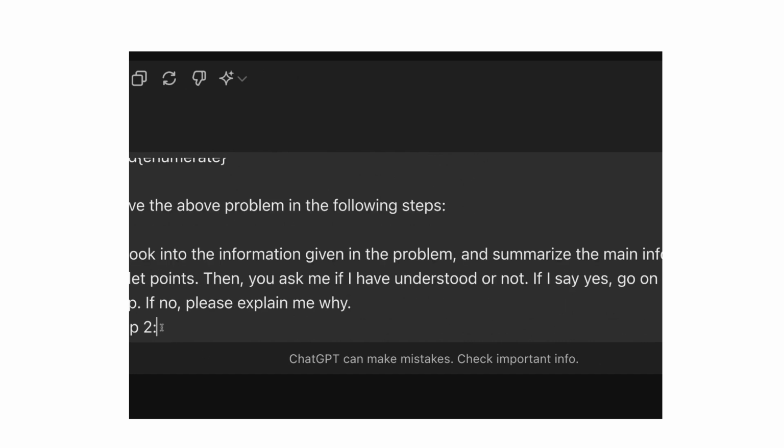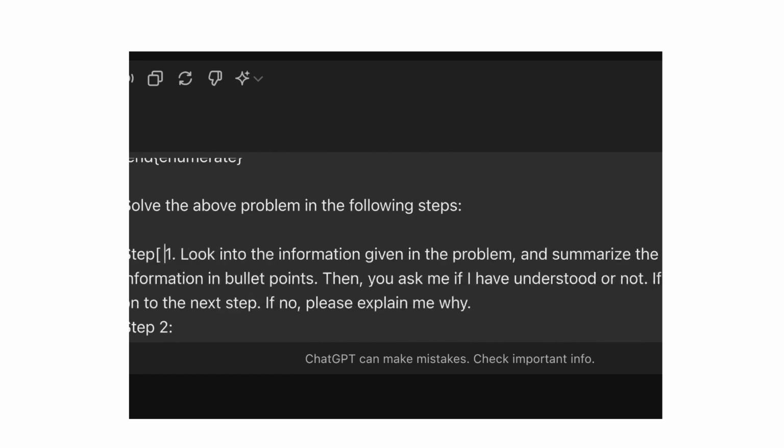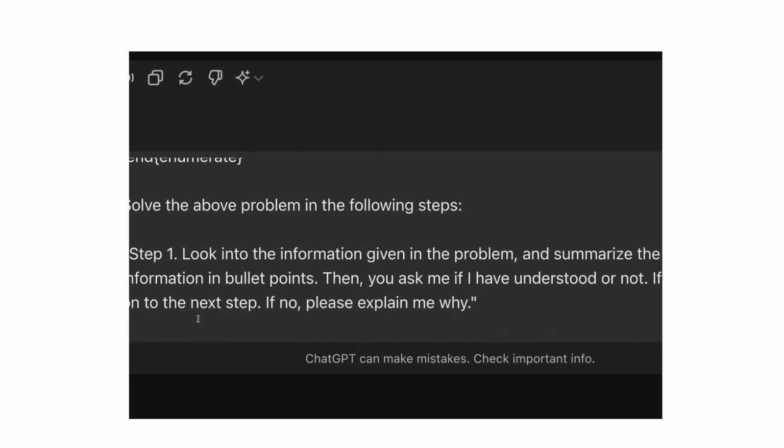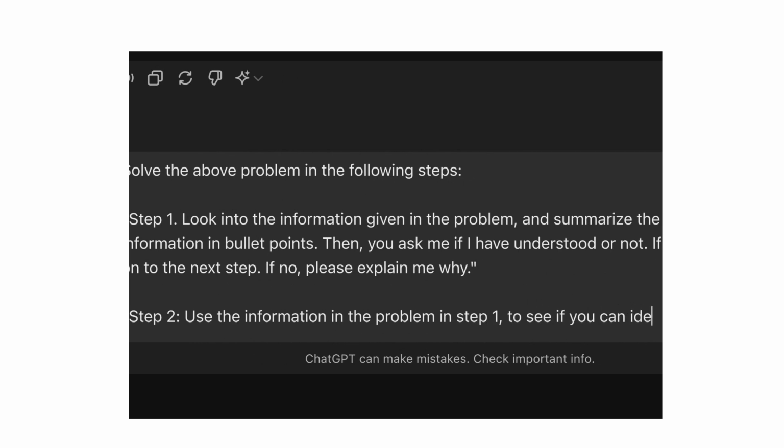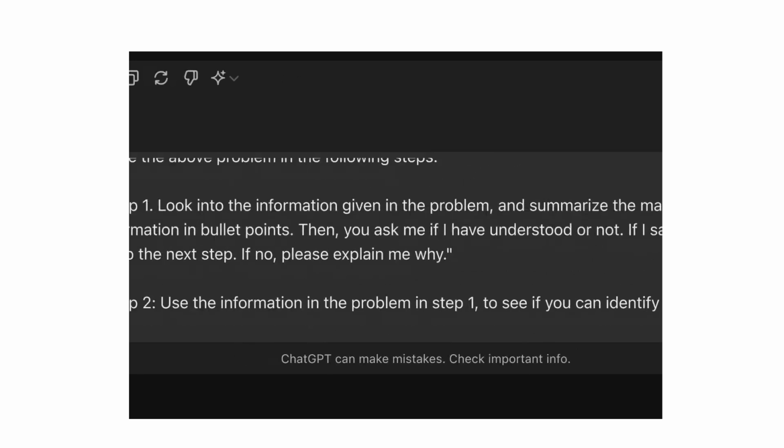Step 2. So you see, you have to be very detailed when you are asking it to write for you. Step 2. So let's write it like this. These placeholders help it understand. It will take some time, but what we'll discover is the process of re-questioning. So step 2, use the information in the problem in step 1 to see if you can identify any results or ideas to solve the problem step by step. Present the ideas in bullet points to me.